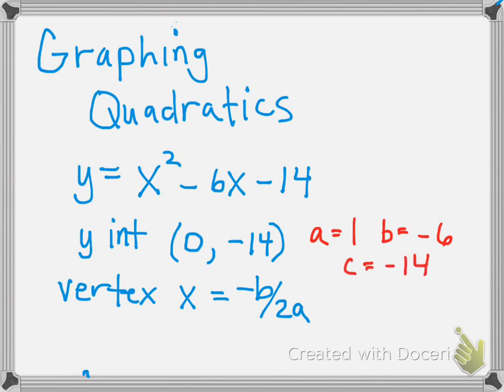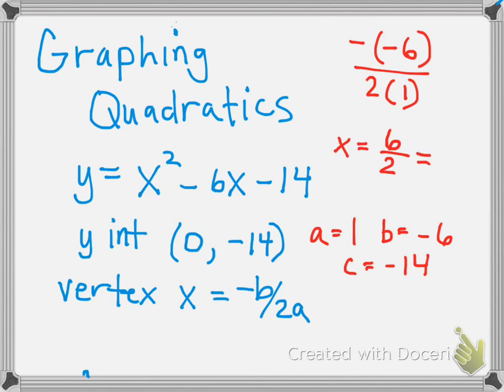So negative b over 2a: x equals 6 divided by 2, which is 3.